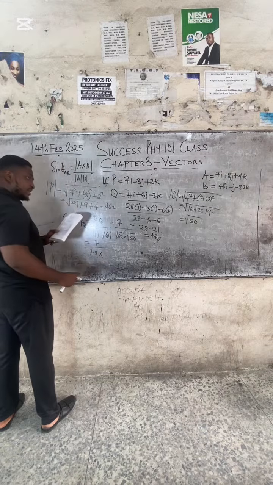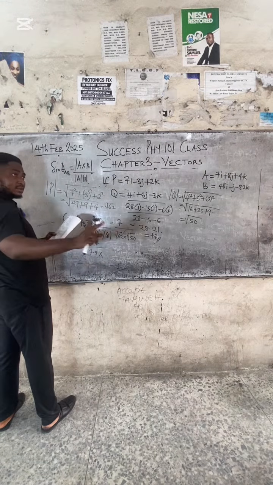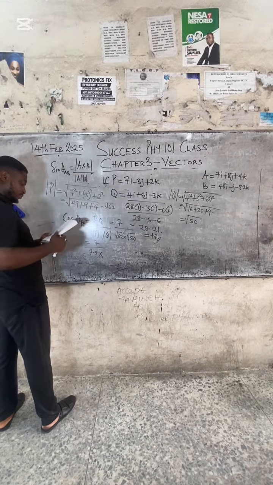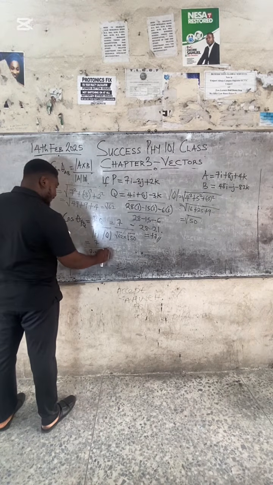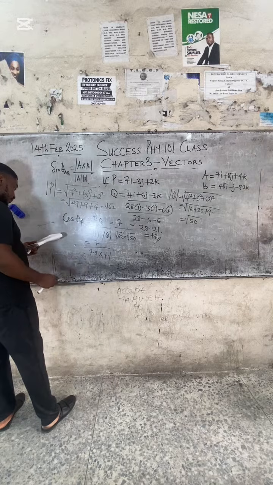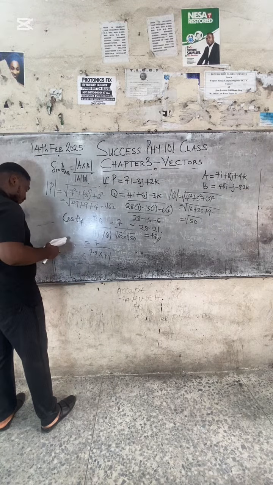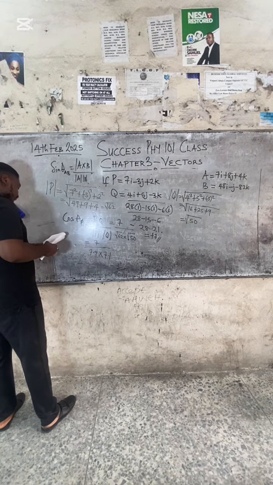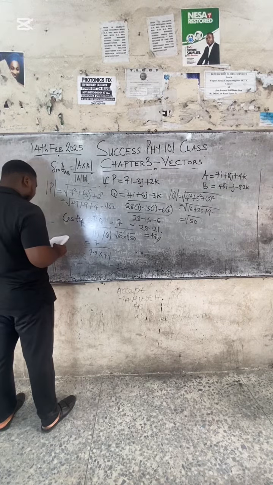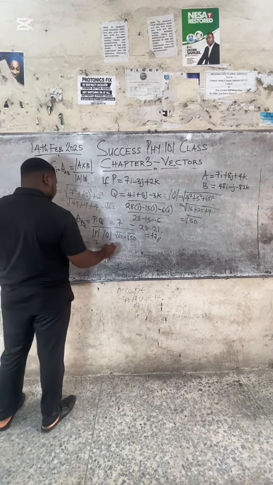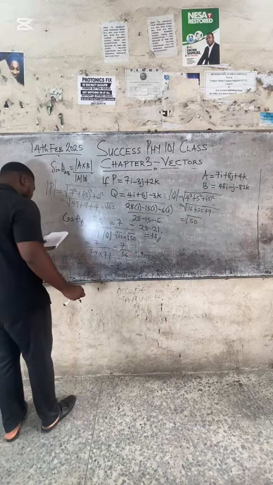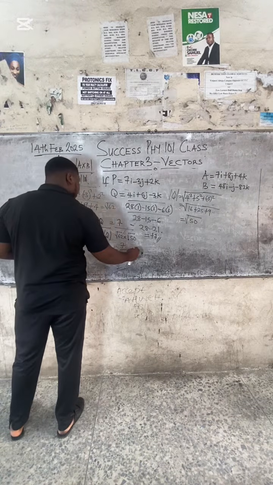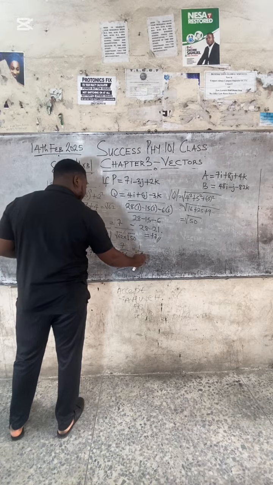Root 50 is 7.1, right? By the time you do everything, 7 all over 7.9 times 7.1 is 56. 7 over 56 is 1 over 8. 7 here, 1.